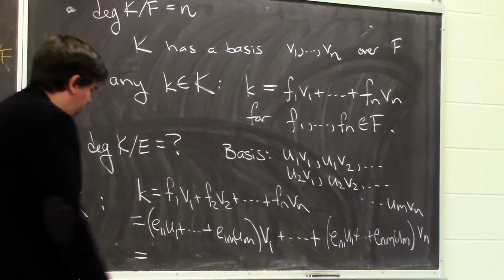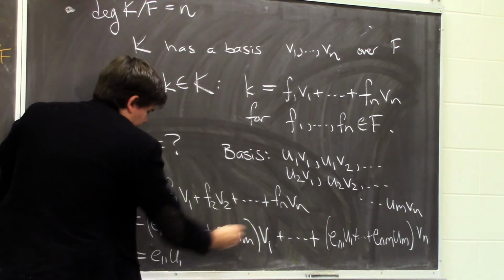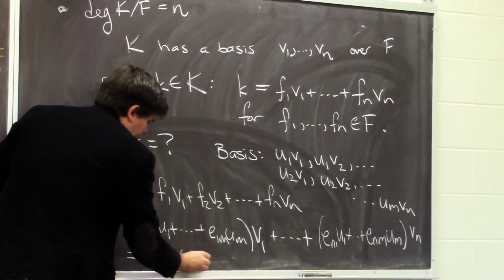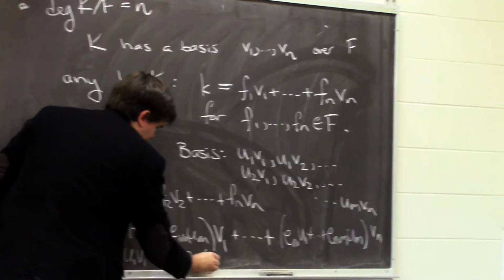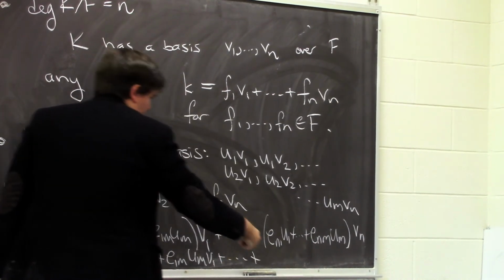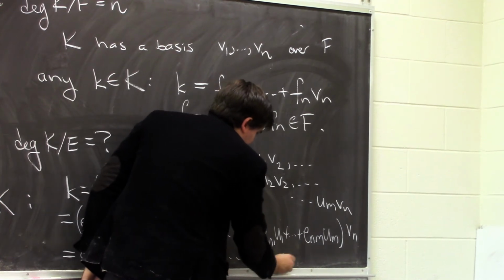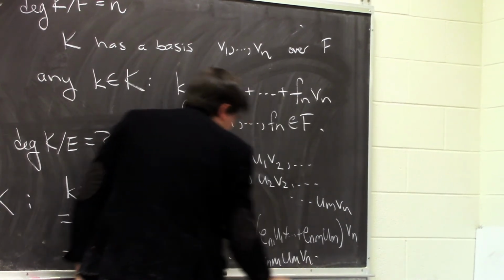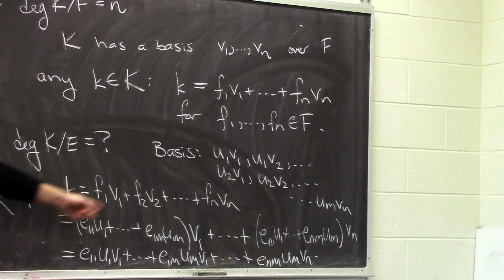You have some coefficient E11 u1 v1, and then you keep going, you get some coefficient like E1m um v1, and so forth, all the way until you get to the end, Enm um vn. That is, you just showed that any element of K can be written as a linear combination of these elements.